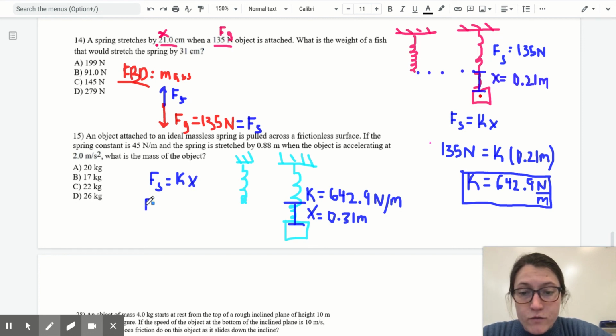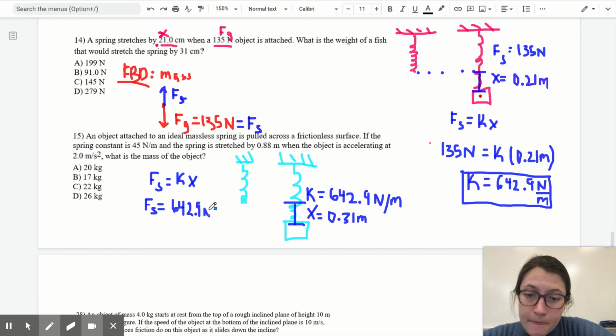So we're looking for the new force or the weight of the object. They're equal to each other in a vertical spring mass system. I'll take 642.9 newtons per meter and multiply by 0.31 meters.